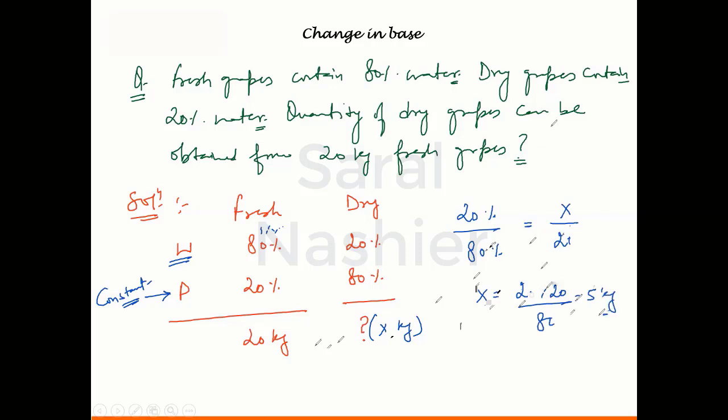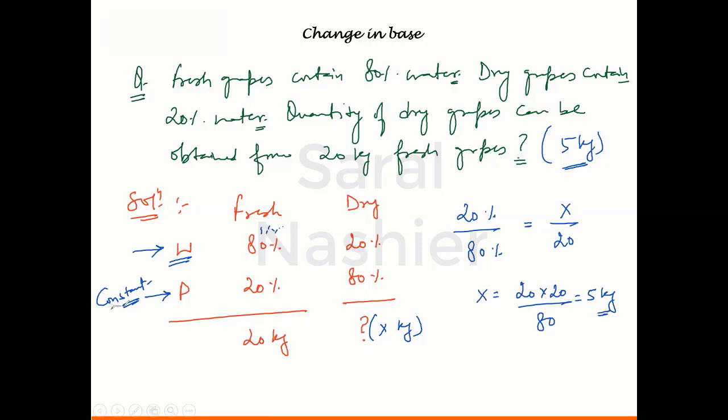So therefore the answer to my question is 5 kg. That 5 kg dry grapes can be obtained from 20 kg fresh grapes. Here, keep one thing in mind. It is normally a difficult process to obtain dry grapes from fresh grapes by working on water.